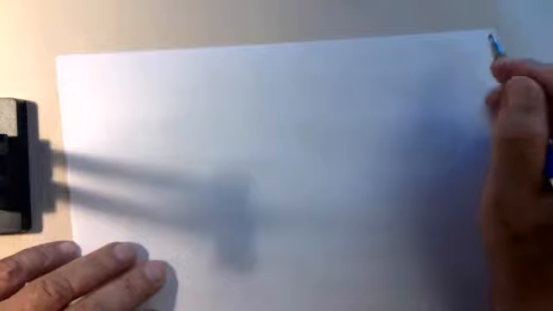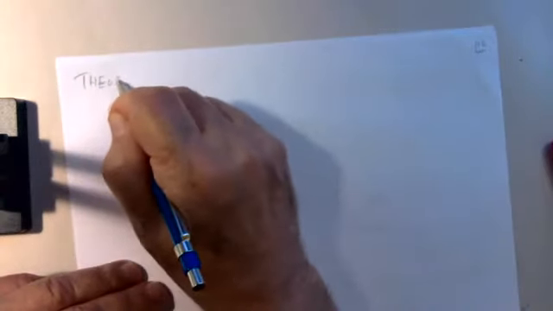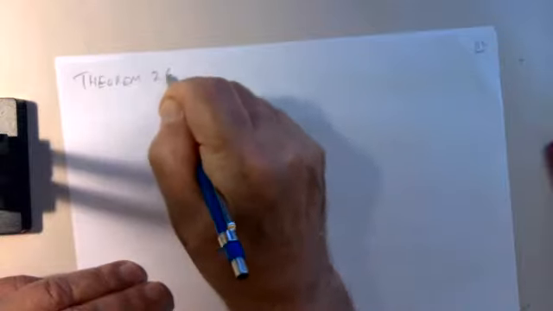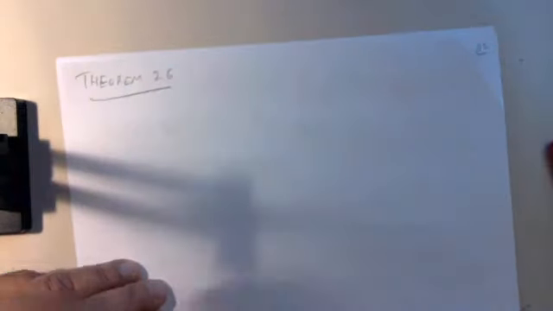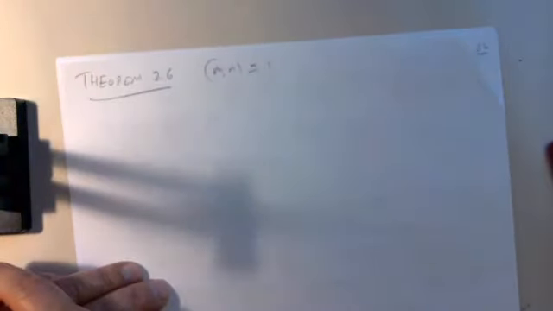So a key to proving the multiplicativity of the Euler phi function is the following result, which is Theorem 2.6 in chapter 2. So we have positive integers m and n that are relatively prime.